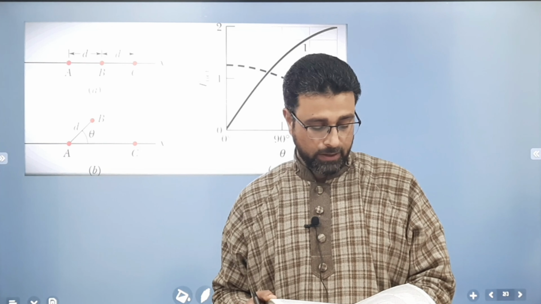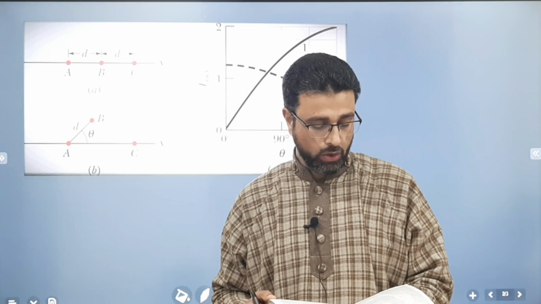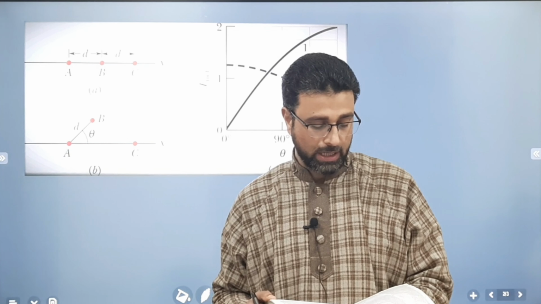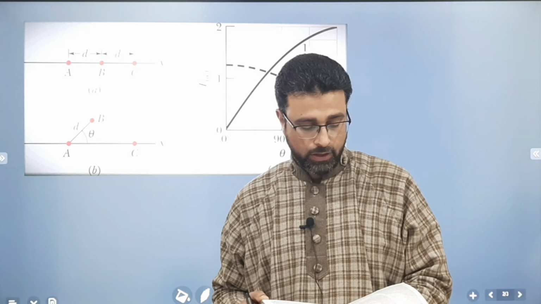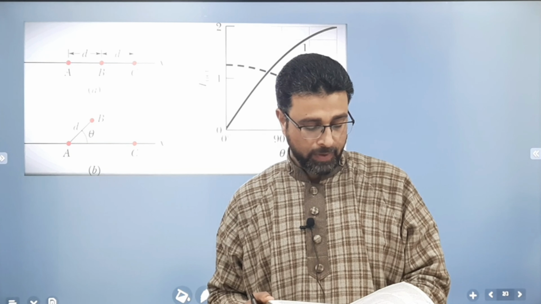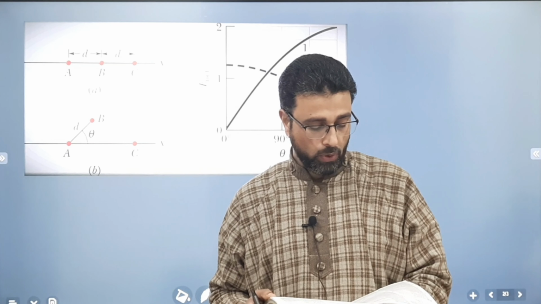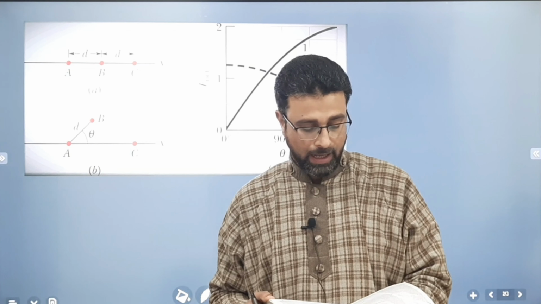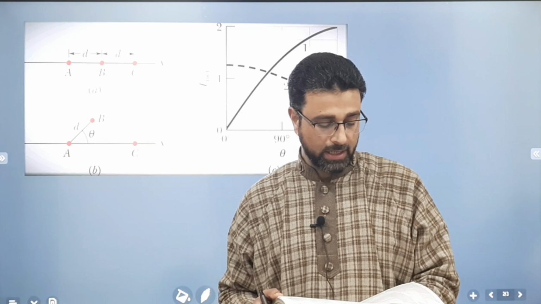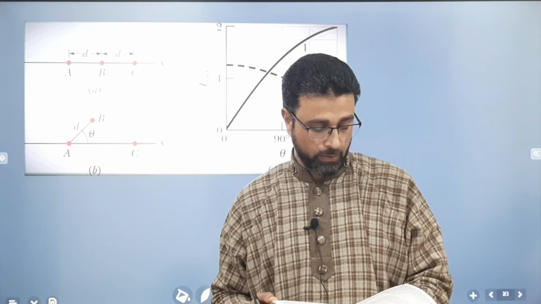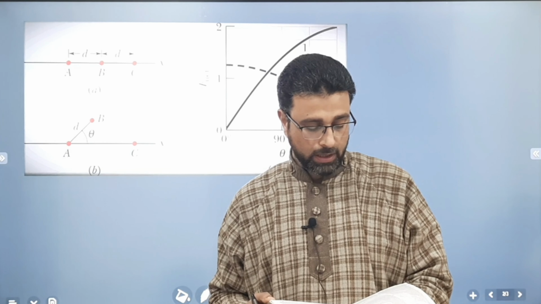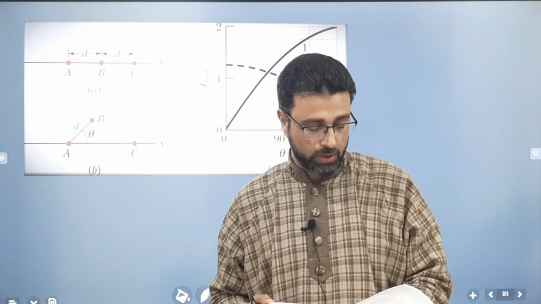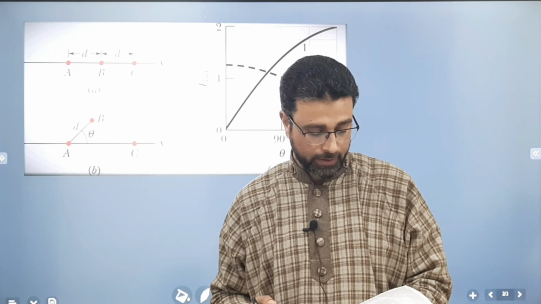The curves in figure C give, for two situations, the magnitude of the net electrostatic force on particle A due to the other particles. That net force is given as a function of angle theta and as a multiple of a basic amount F0. For example, on curve 1 at theta equal to 180 degrees, we see that the net force is equal to twice F0.